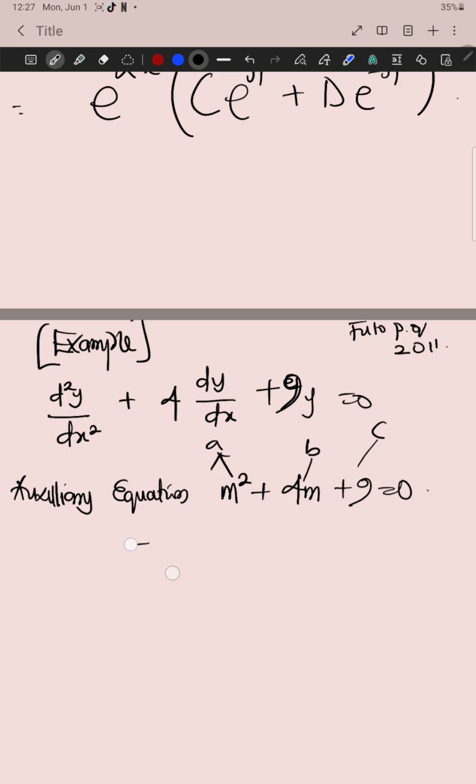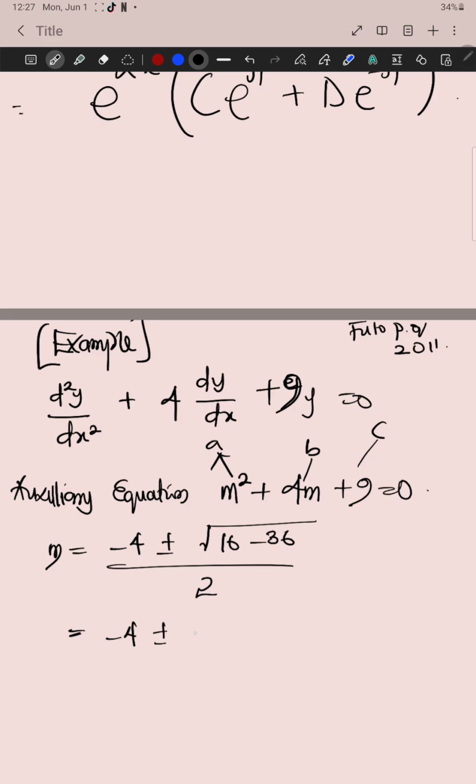So m will be negative 4 plus or minus the square root of 16 minus 36, divided by 2. This becomes negative 4 plus or minus the square root of minus 20, divided by 2, which becomes negative 4 plus or minus 2j root 5, divided by 2.